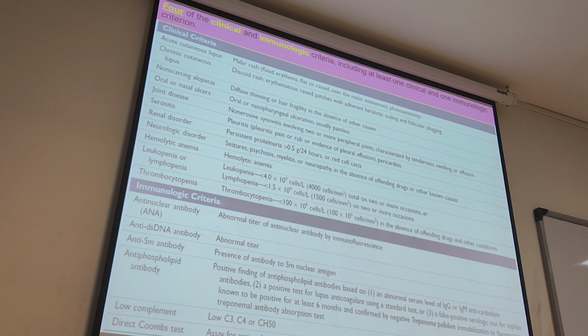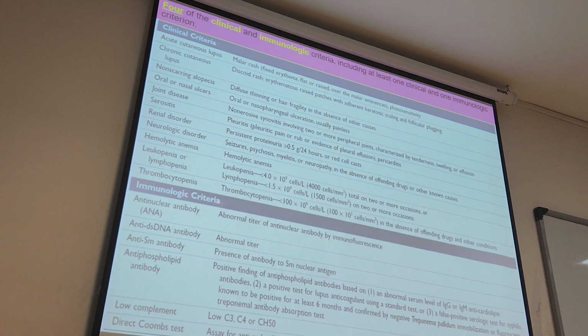You may also have joint disease. You may have serositis, inflammation of, for example, pleura or pericardium. And you may have renal disorder, which is a very important criterion in diagnosis of lupus. And you may also have neurologic disorders.